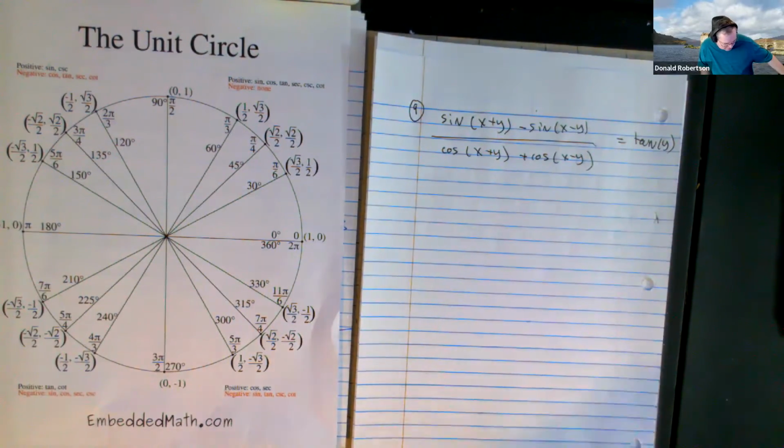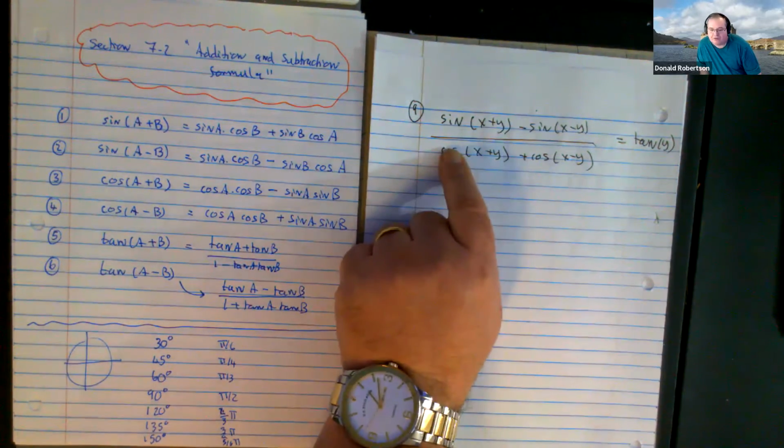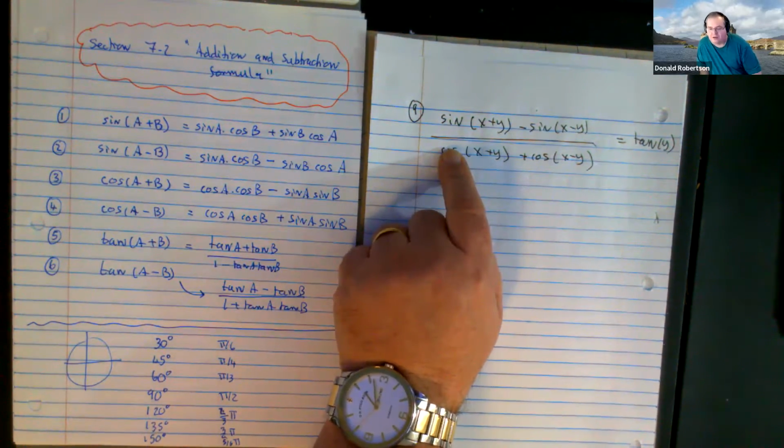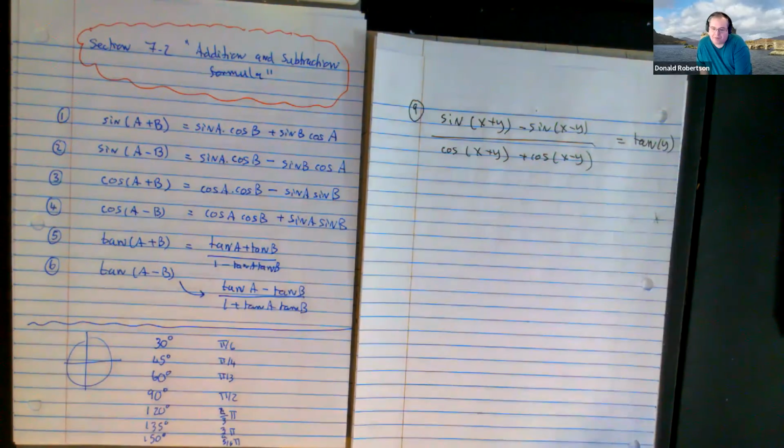Wow. If you looked at that, I wouldn't in a million years have thought that that ugly thing is actually going to simplify to the tan of y. So that's going to be pretty impressive, right? If we get this to work.